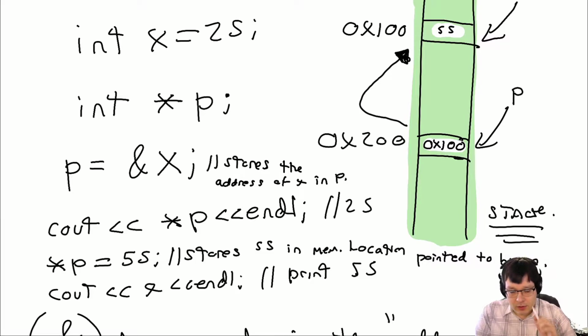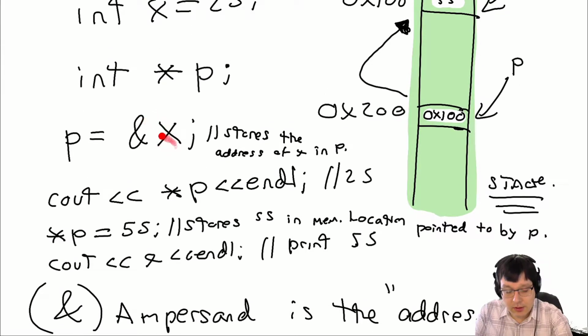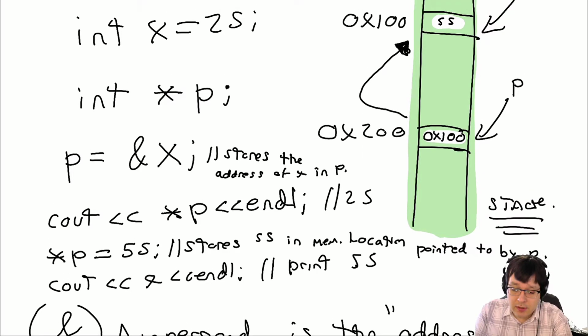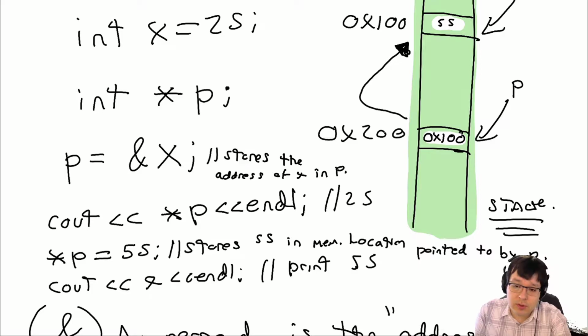We make the pointer point to the location of variable x using the address of operator, as shown here. By doing that, we are finding whatever address x is in, which will vary. Every time you run the program you're going to get different addresses, because that's beyond your control. That's the operating system's job to assign you specific memory locations.